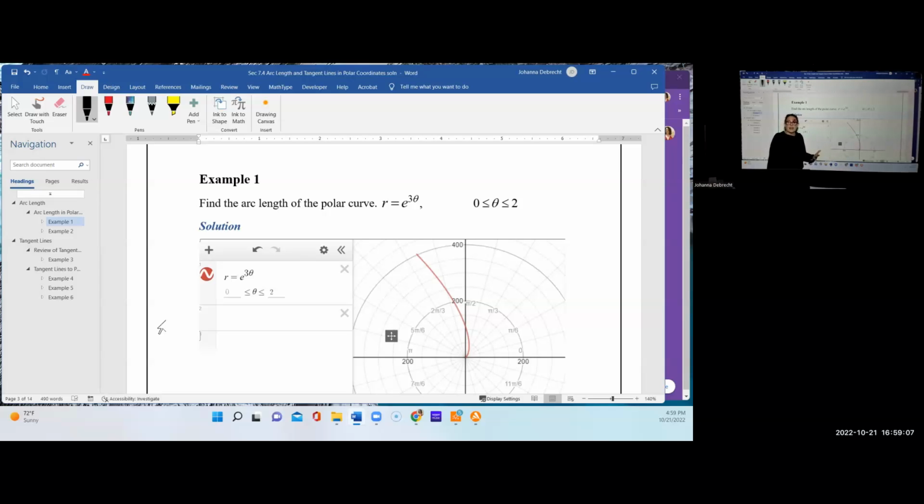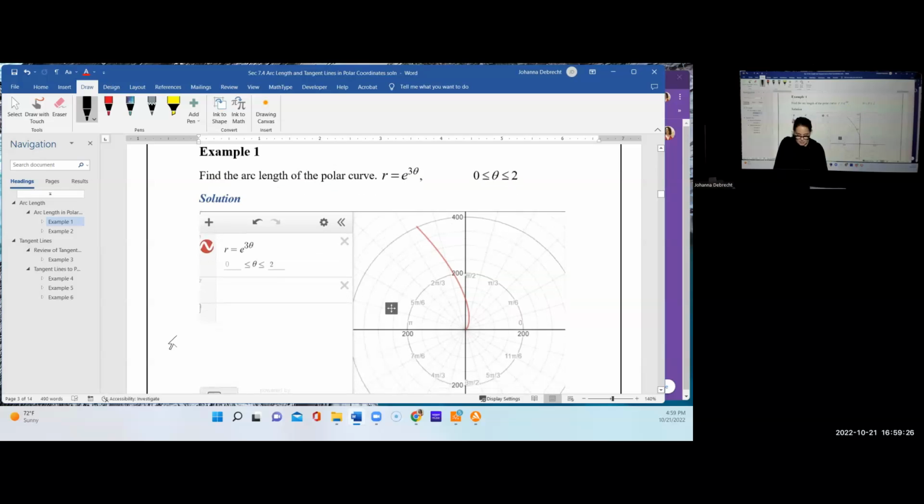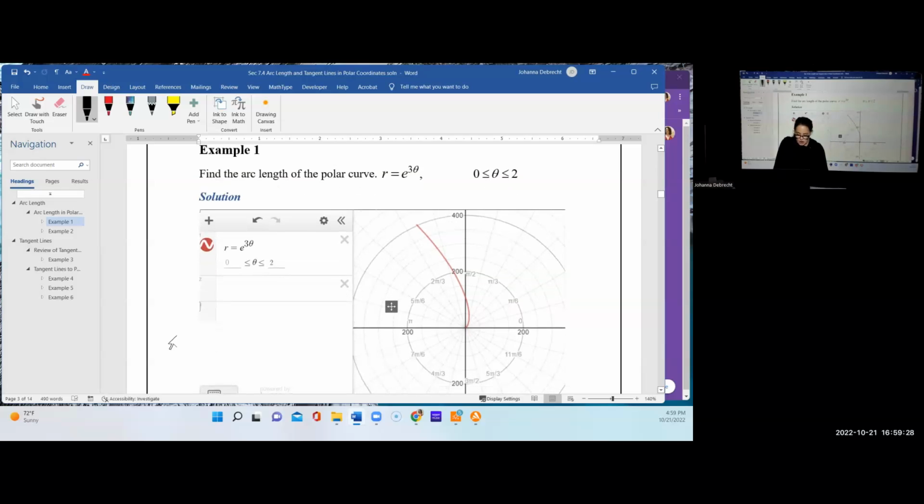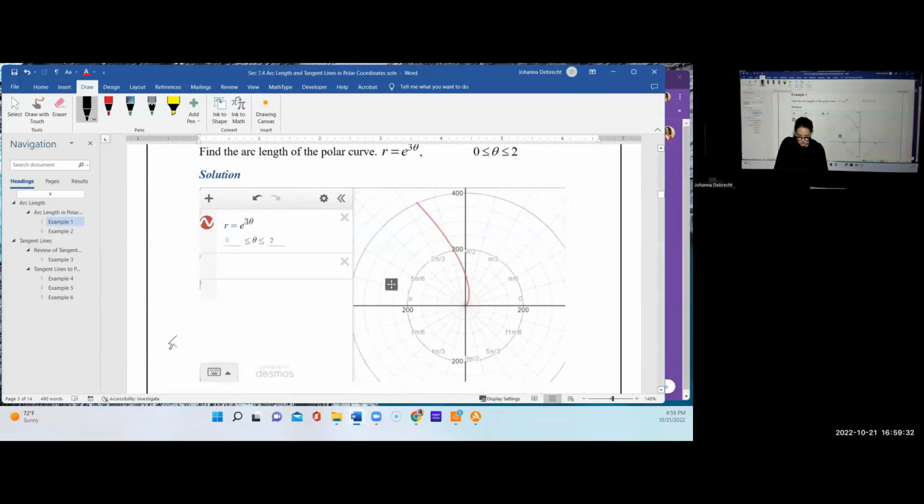So we're going to expect that the arc length is going to be, well, bigger than 400, right? Because we've gone from the pole out past that circle, and it's not a straight line, it's curved. So it's got to be more than 400. All right, so what we want to do is apply the formula that we derived up above for this equation, r equals e to the 3 theta, where theta goes from 0 to 2.